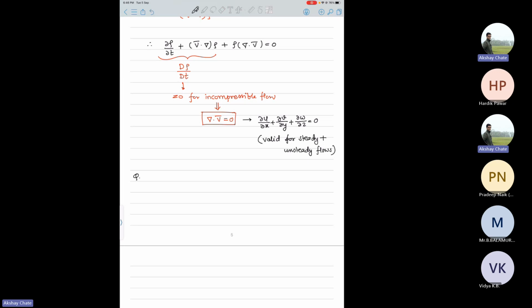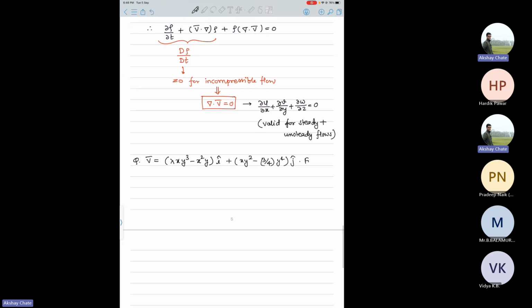There is a velocity field which is given as lambda times (x y cubed minus x squared y) i cap, and then (x y squared minus 3 by 4 into y to the power 4) j cap, and it is asked to find lambda for incompressible flow.